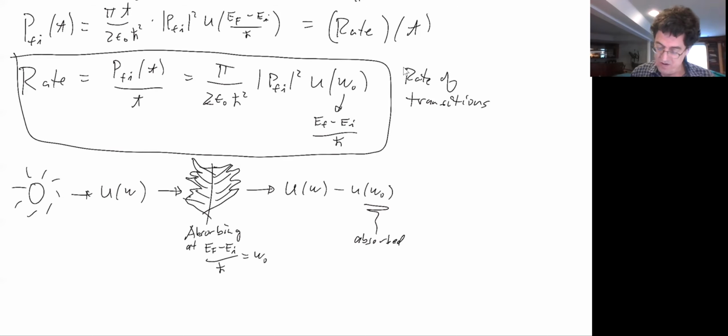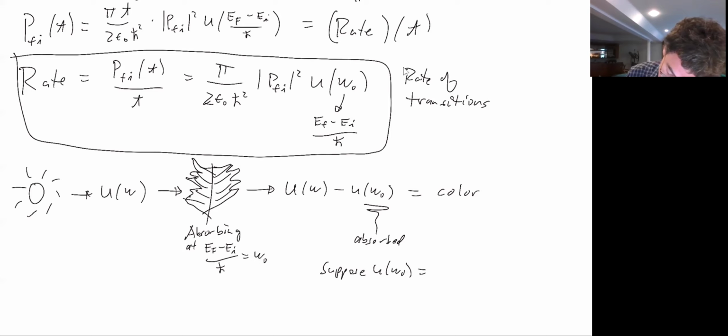And so the color, and that's color, because suppose U of omega naught is red. I have broadband light, and suppose that U of omega is white light coming from the sun.